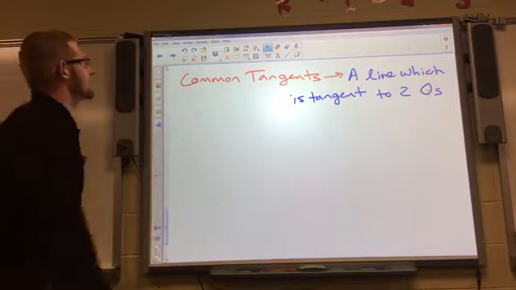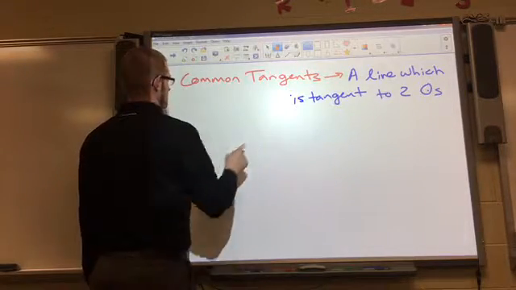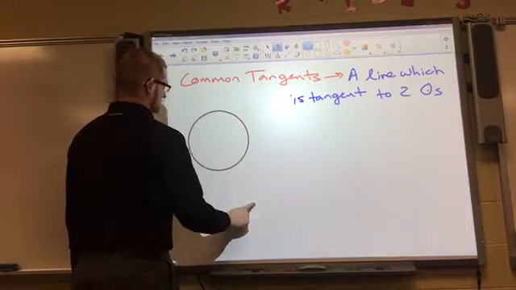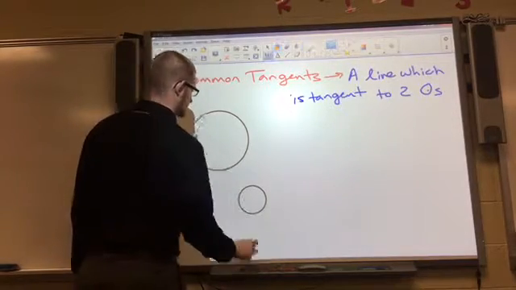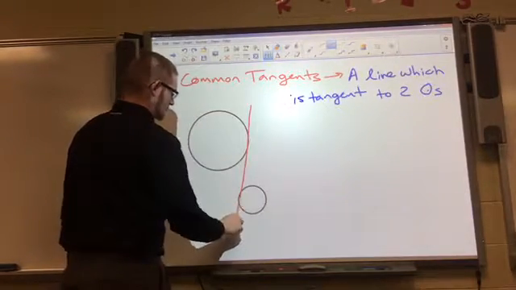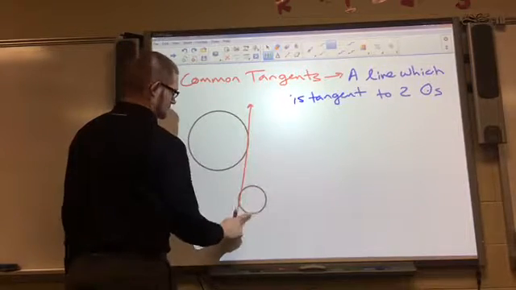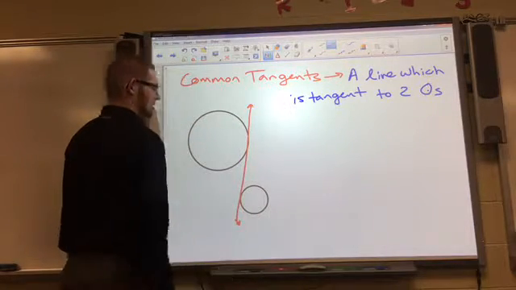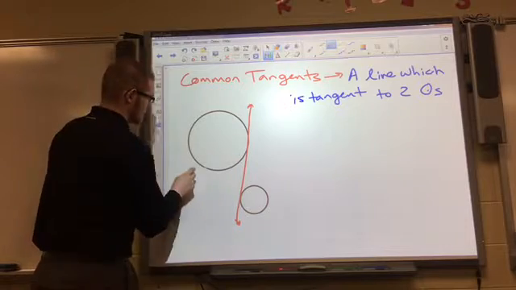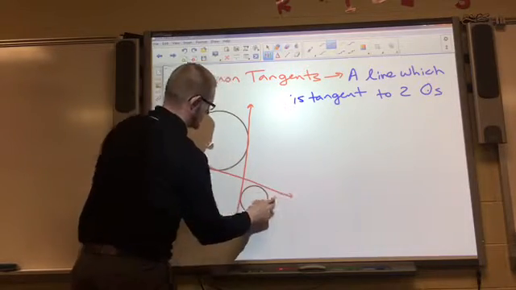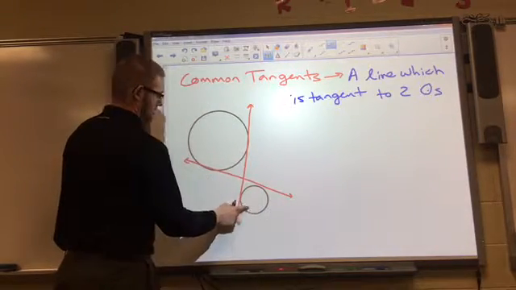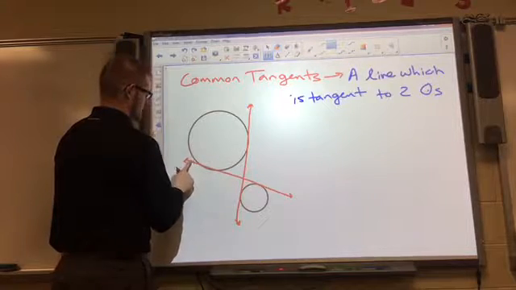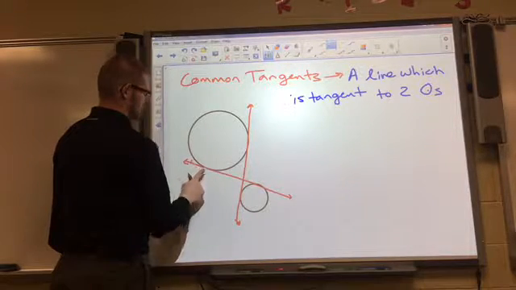So, if I had two circles, would that be a common tangent? Yeah. Would that be a common tangent? As long as I had it drawn correctly, it would be, right?